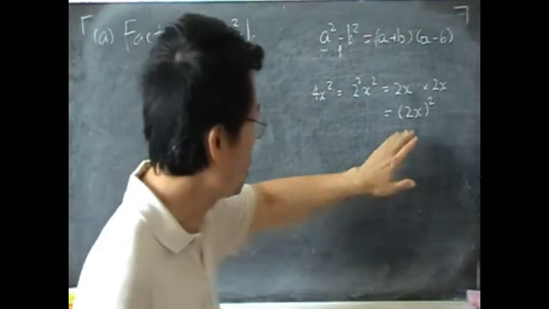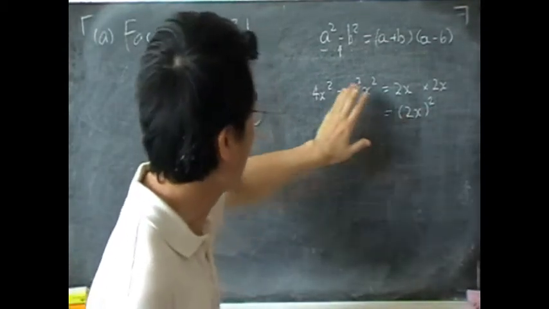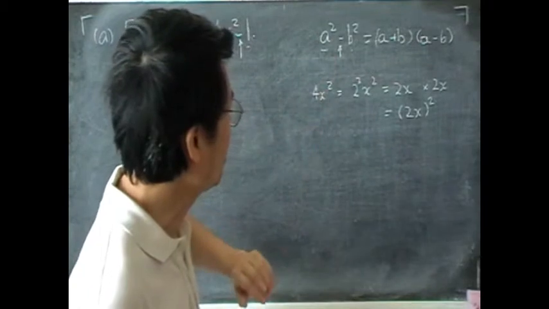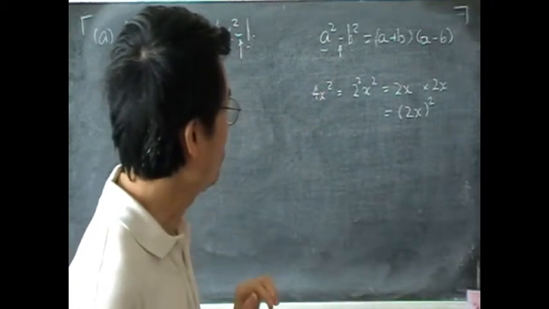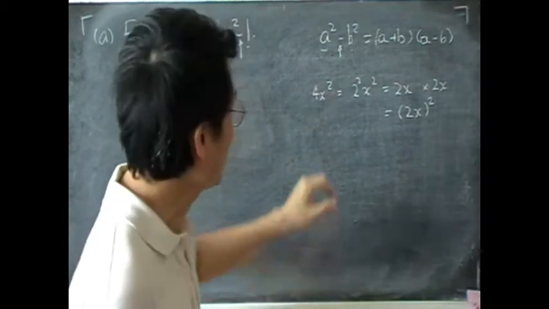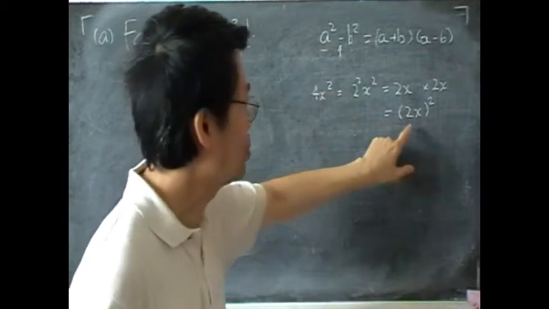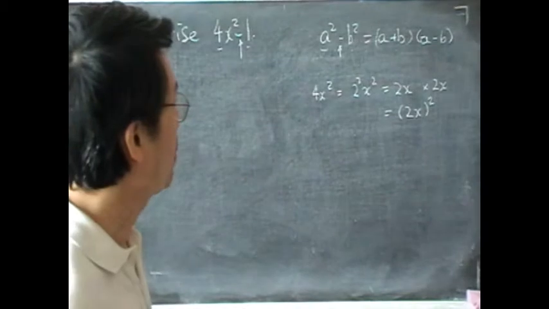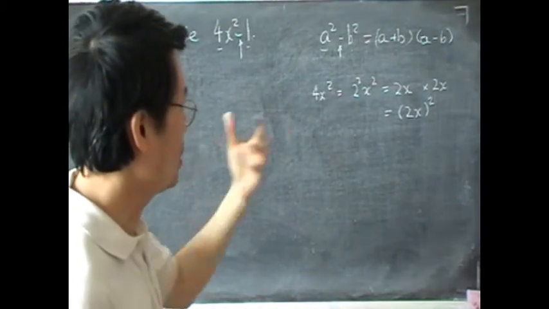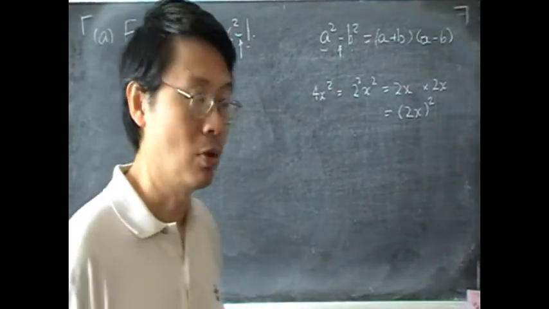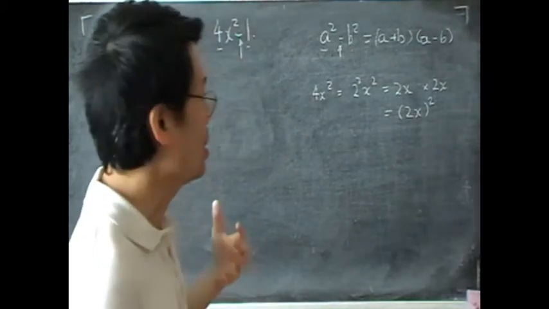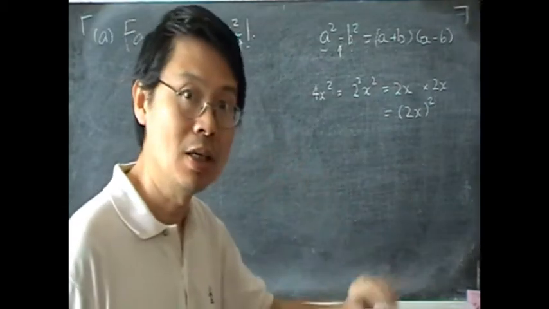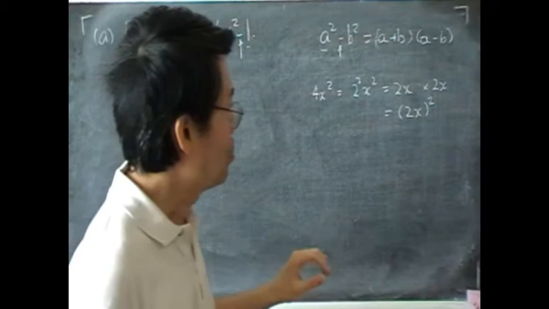Now once I reach here, you'll see that if I compare that with a squared, they will be the same as long as I take a to be 2x. So this takes a bit of foresight, and it helps if you can roughly see where you're going.